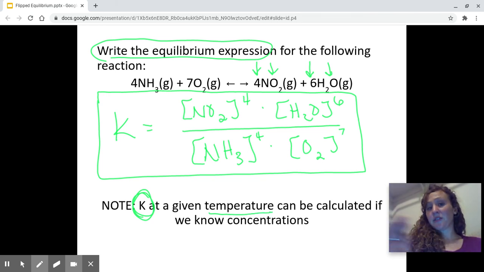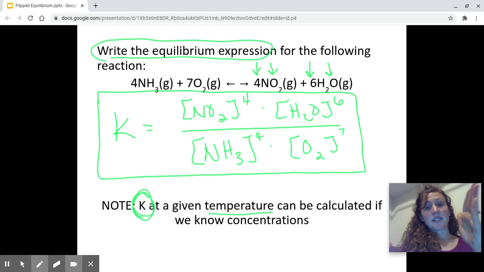Change the temperature, you get a different number for K. Keep the temperature constant, you can manipulate all sorts of other things: pressure, concentration, volume, size of container, even catalyst, surface area, and you will still have equilibrium positions that satisfy your equilibrium expression. Think about this for a little bit. We'll come back together and practice this. Welcome to the world of equilibrium.